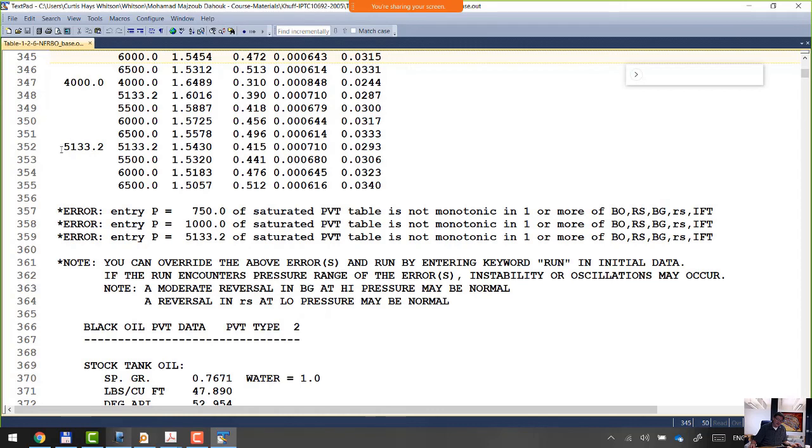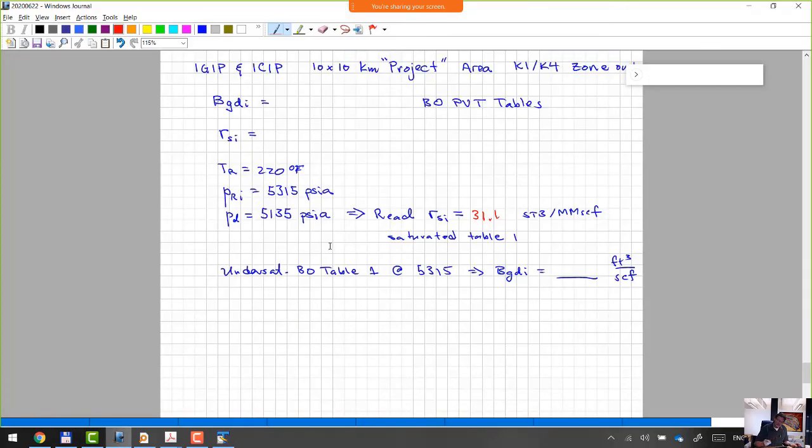Here's the 5133.22. That's the right gas, and we need it to be at a pressure of 5,315. So we've got it at the dew point, and we've got it at 5,500. So we have to interpolate.